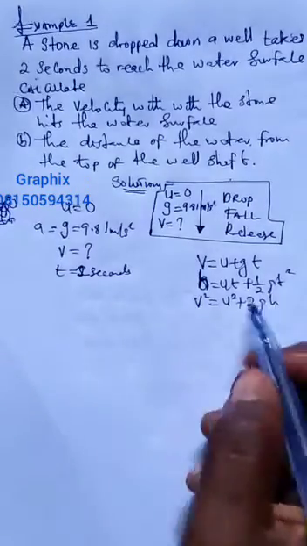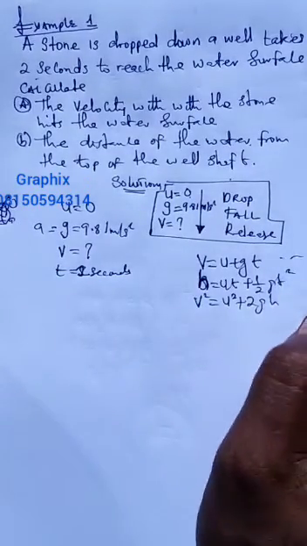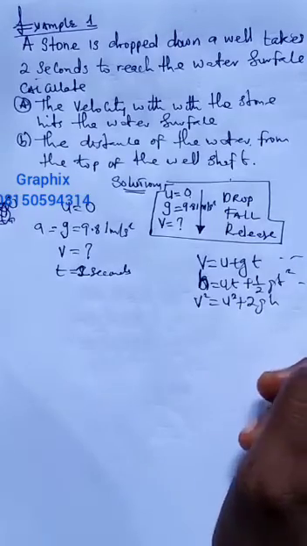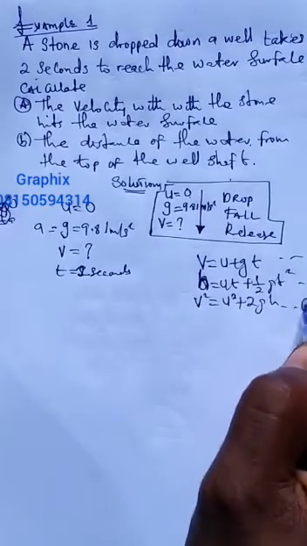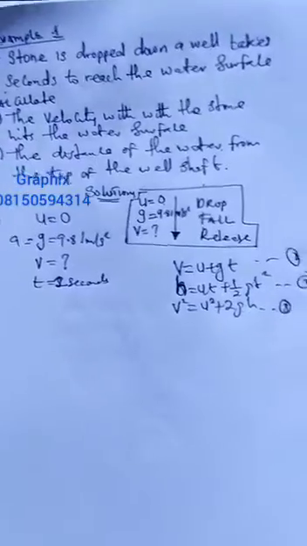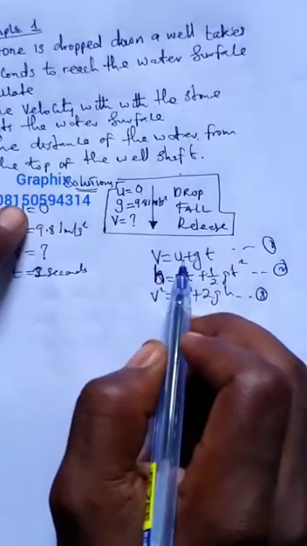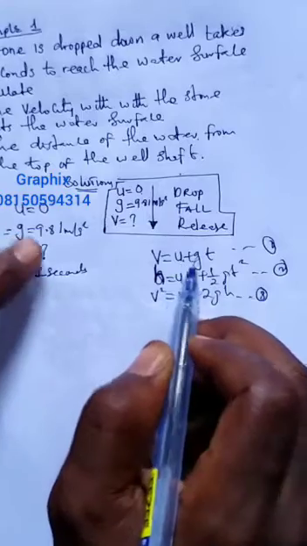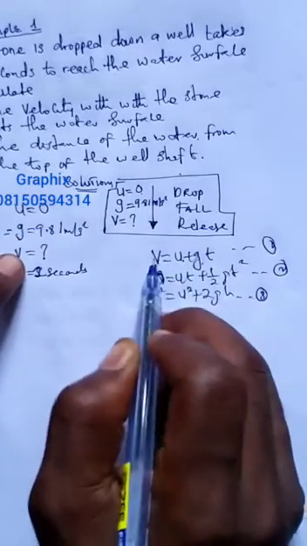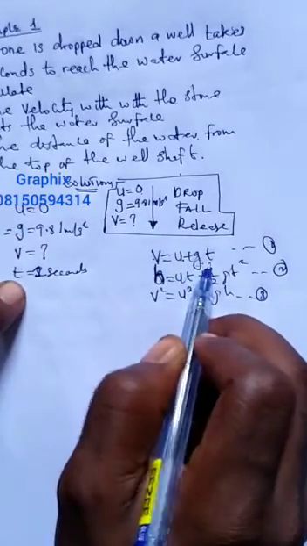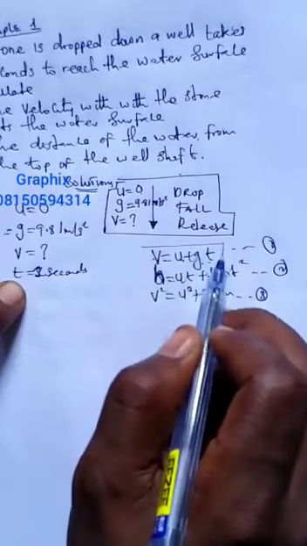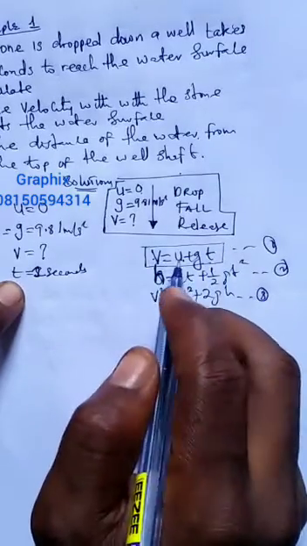So if you look, which one will you use? This is the first equation, this is the second equation, and this is the third equation, right? So which one are we going to use? I have u here, I have g here, I have t here, and I'm looking for v, so I will be able to use this first equation of motion.